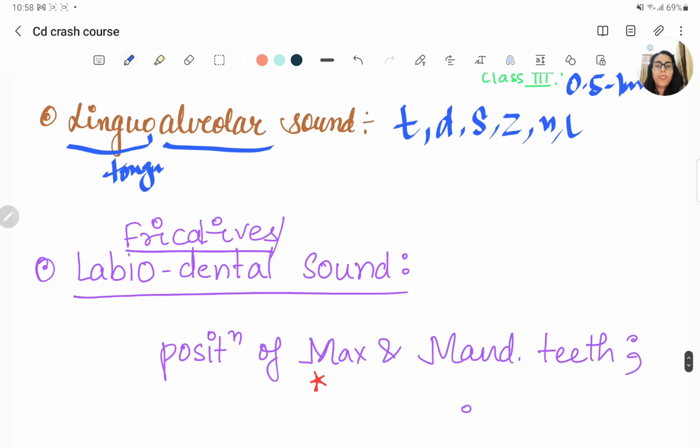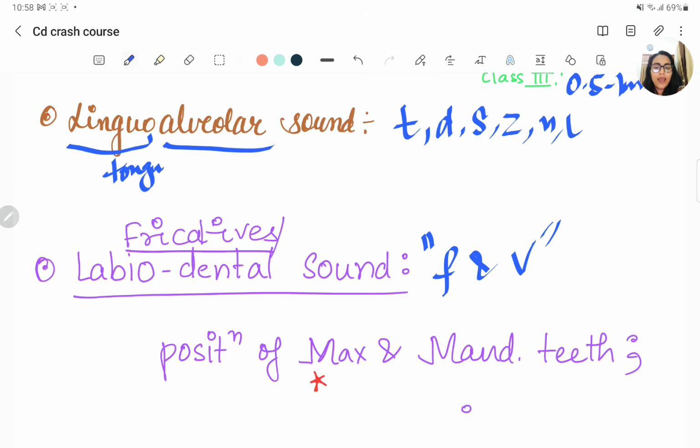Fricative sounds are also known as labiodental sounds. Labio means lip, touching the teeth. These are words like F and V, and they're very, very important for the exam. Labiodental sound determines the anterior-posterior position of the maxillary teeth as well as the mandibular teeth.